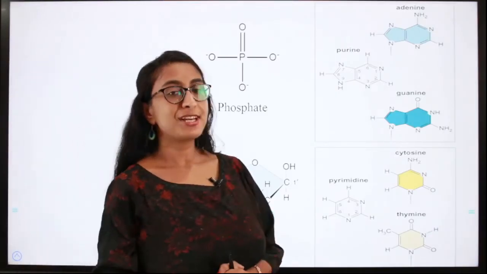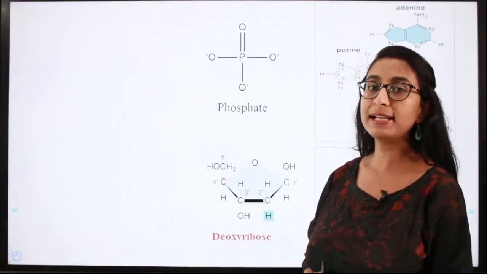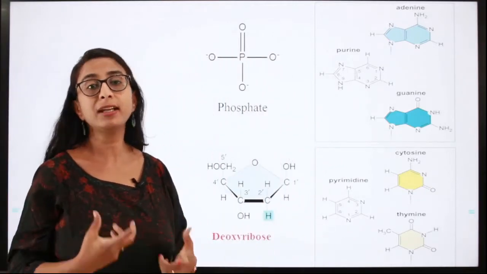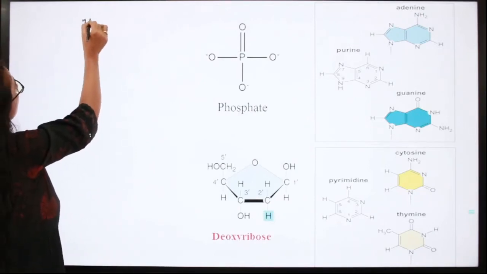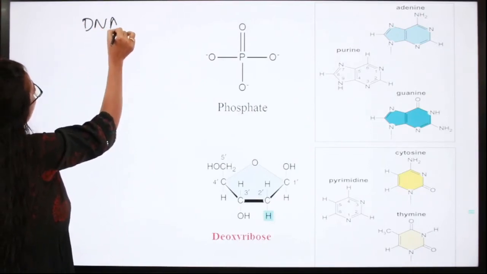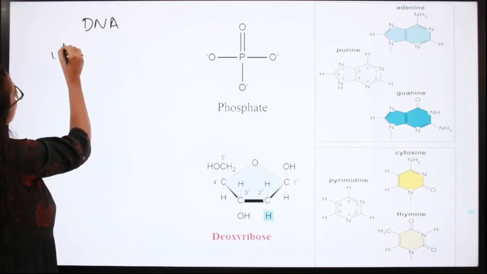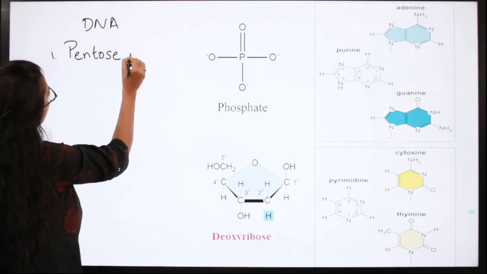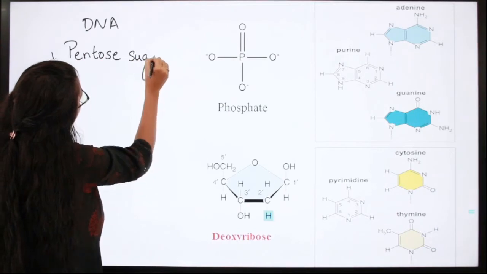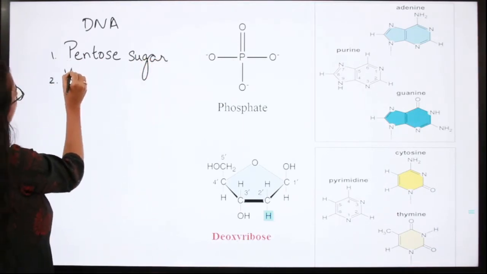Now that we finished discussion about the occurrence of DNA in a prokaryotic cell and a eukaryotic cell, we shall discuss the composition of DNA. What is the DNA composed of? DNA is composed of 3 components. First one is the pentose sugar. Second one is the phosphate group.